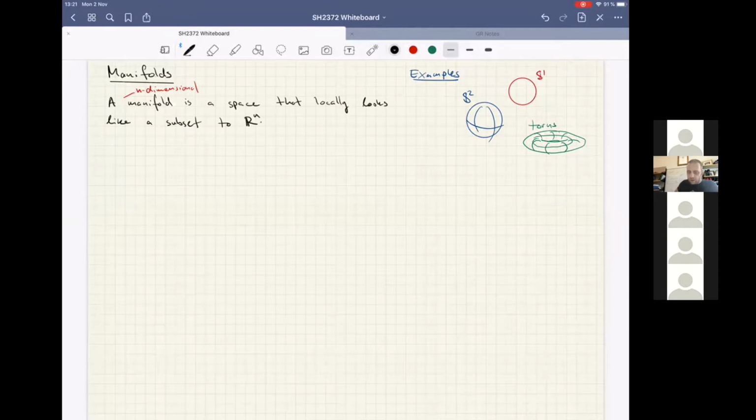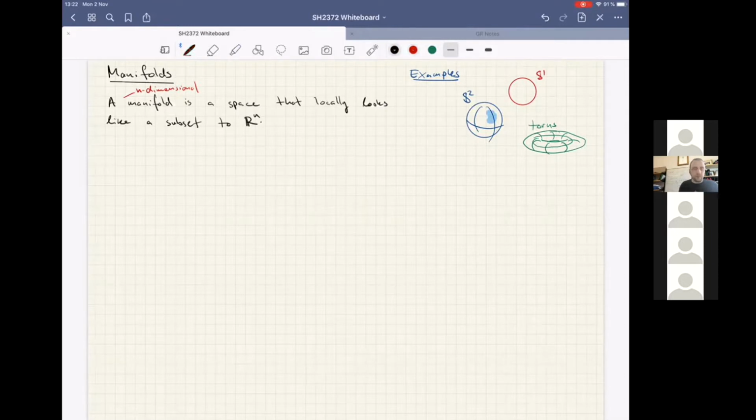Well, it means that if I just look at a small part of the sphere or the circle, that should basically look like I am in R1 or R2 respectively. So if I look at a small area here on the sphere, like that, there should be a mapping from this small part of the sphere to a subset of R2 that is a smooth bijection, so that is invertible.